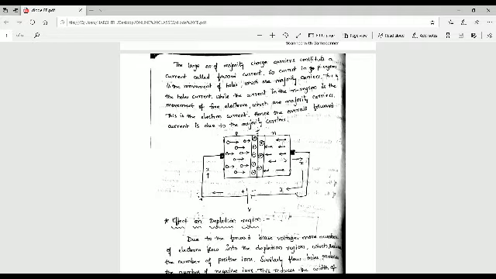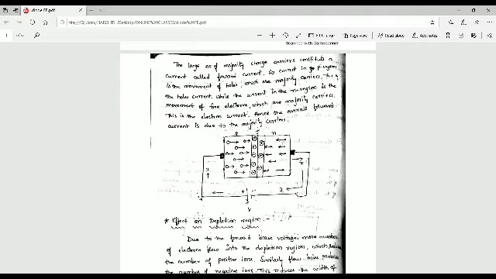Thus, holes get repelled by the positive terminal, since they carry the same polarity of charge, and they cross the junction against the barrier potential.